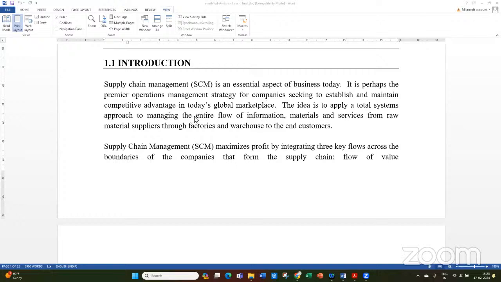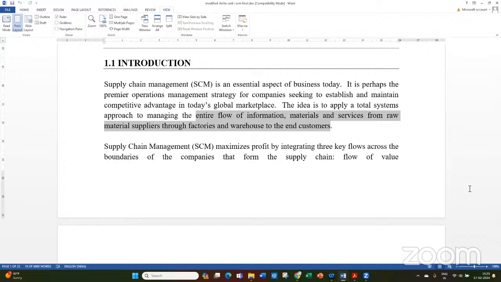That's why it is about managing the entire flow of information, materials, and services. How do you manage the entire supply chain from suppliers to production, distribution, transportation, and wholesalers?